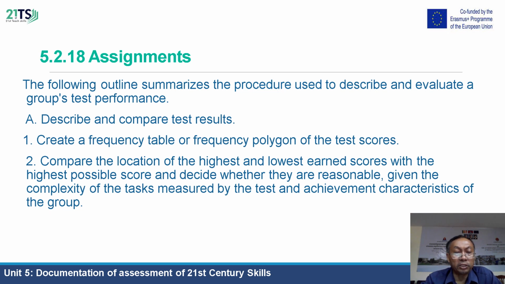Create a frequency table or frequency polygon of the test scores. 2. Compare the location of the highest and lowest earned scores with the highest possible score and decide whether they are reasonable given the complexity of the task measured by the test and the achievement characteristics of the group.